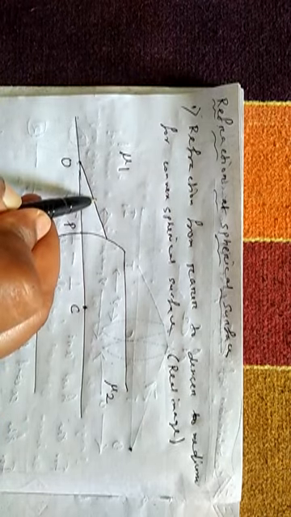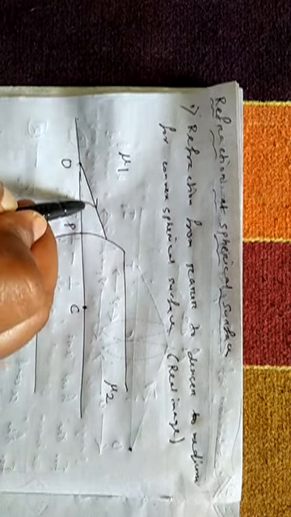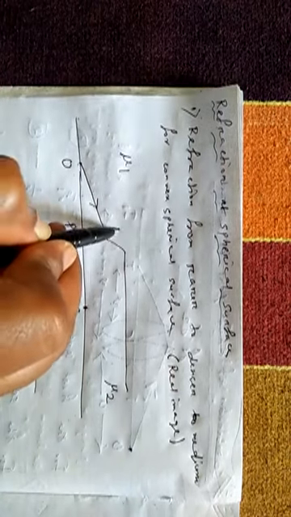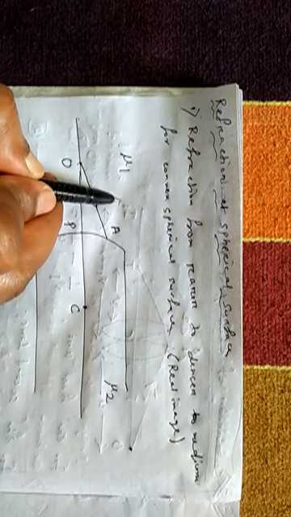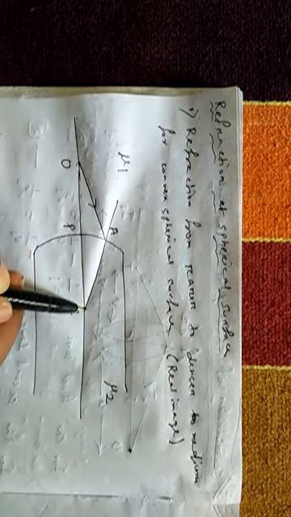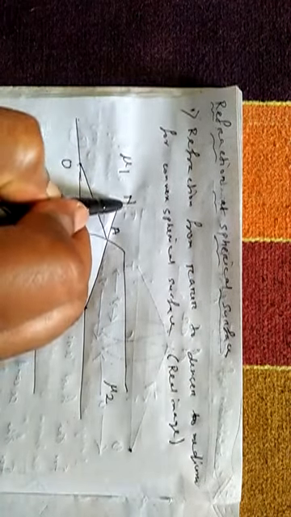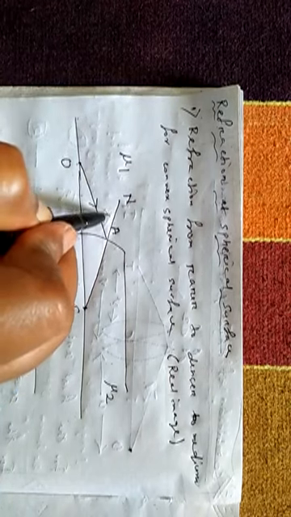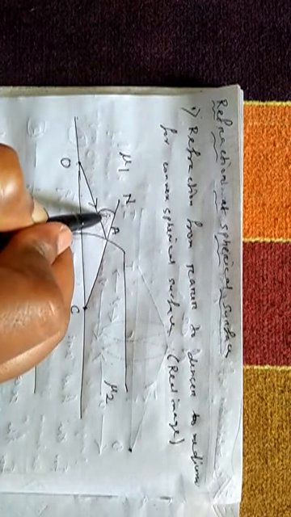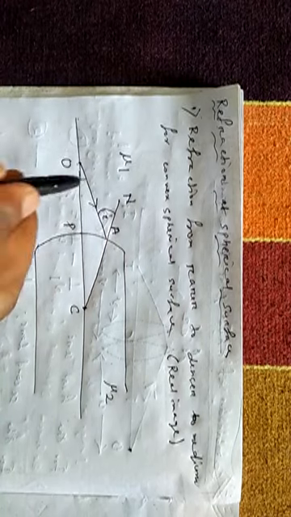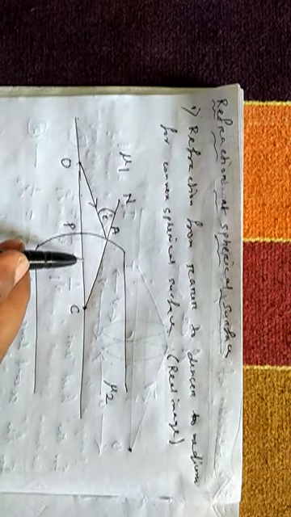This is the incident ray OA. This is the normal, CIN normal. This is angle of incidence I. The light travels from rarer to denser medium, that is here.